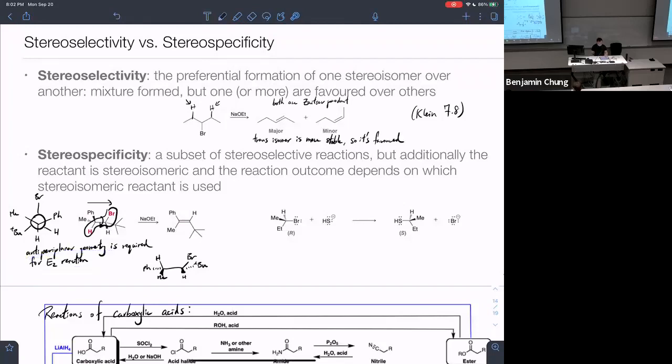So this conformation is actually not reactive towards an elimination reaction, which is why this specific E2 reaction is a stereospecific transformation, because you can only get this alkene isomer from the starting material.